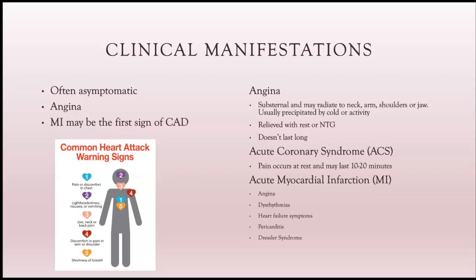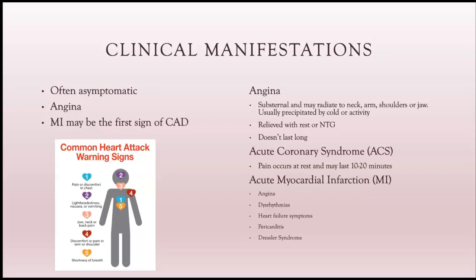So it would be bed rest, or sit down and rest, because that takes workload away from the heart. And if rest alone doesn't help with chest pain, we can give them some nitroglycerin, because that vasodilates and gives a wider passage for the blood flow to get to that heart muscle. With angina, it generally doesn't last long.